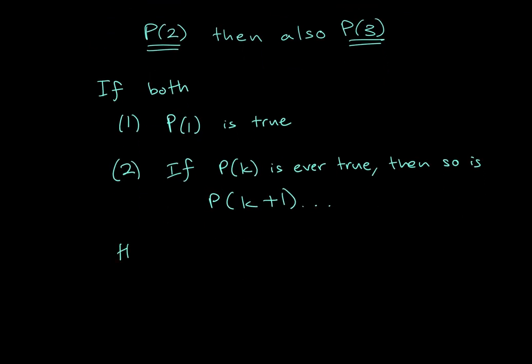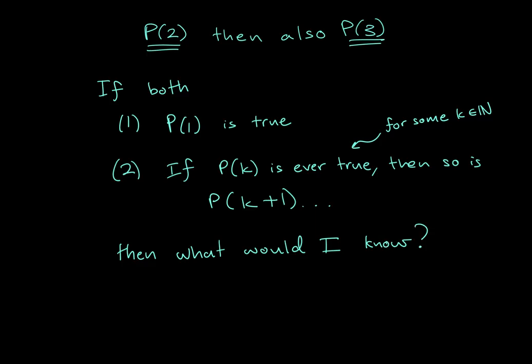Then what would I know? I want to pose this question. In other words, I should say this, is ever true for some random k in the naturals? That's really important. What would I know?